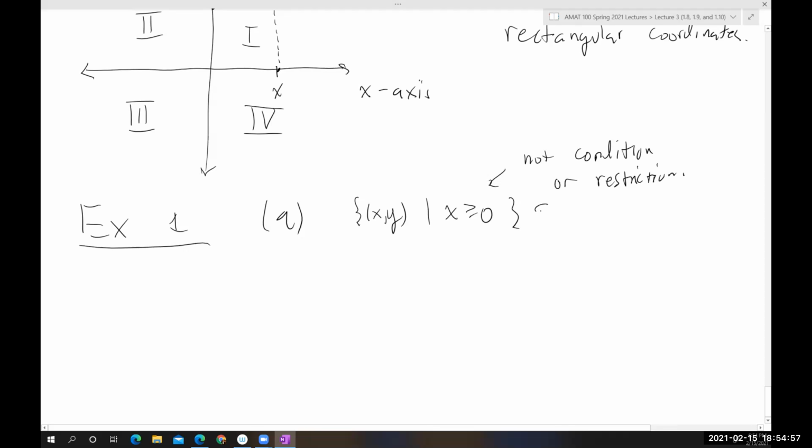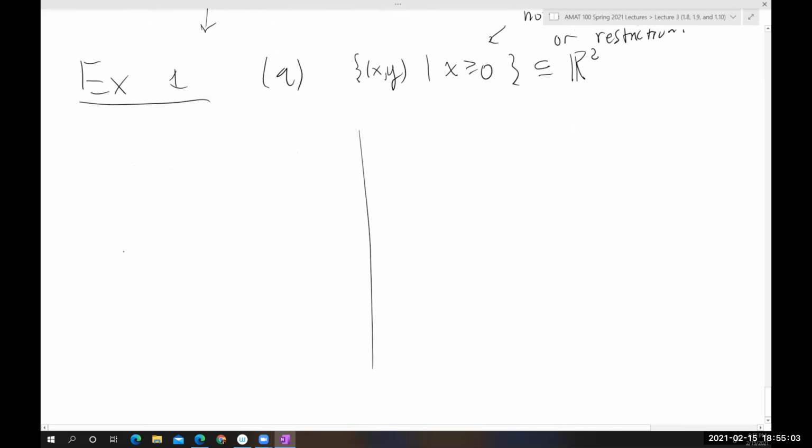So as I said, this is a subset of R squared, so we can draw it on the coordinate plane. So this is our y-axis. This is our x-axis. And the point x right here corresponds to points along the x-axis. So we're saying x can be any number. It can be 0 and anything positive.